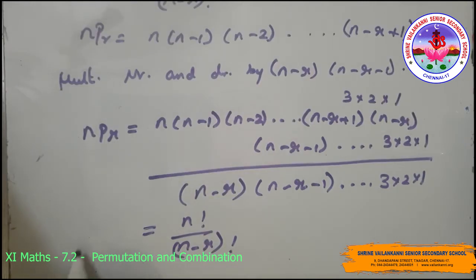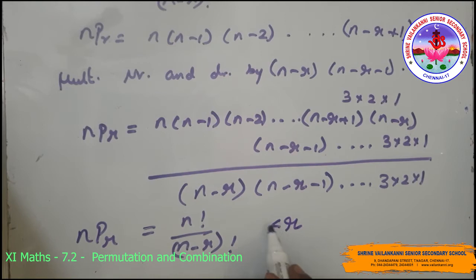Thus nPr is equal to n factorial by n minus r factorial, where r lies between 0 and n. So this is the expression for nPr.